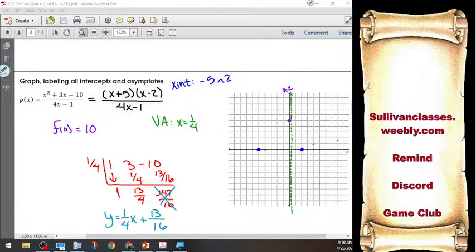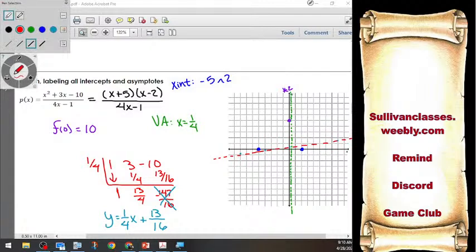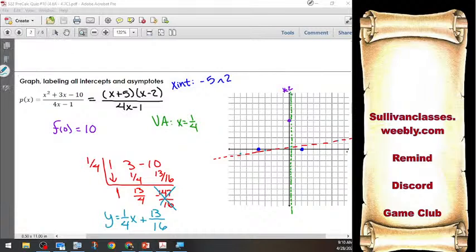Down 1, 2, 3, 4. Remember, I'm going by twos. Ew. And then connect the dots. It's ugly.